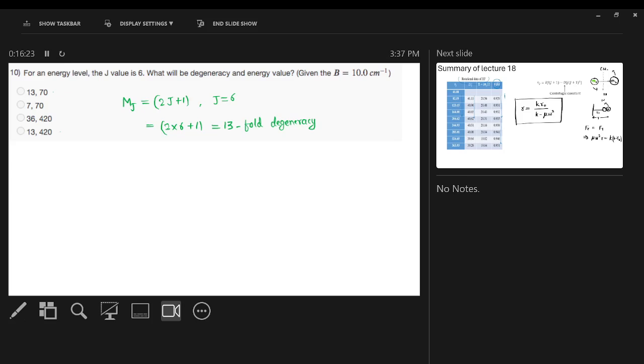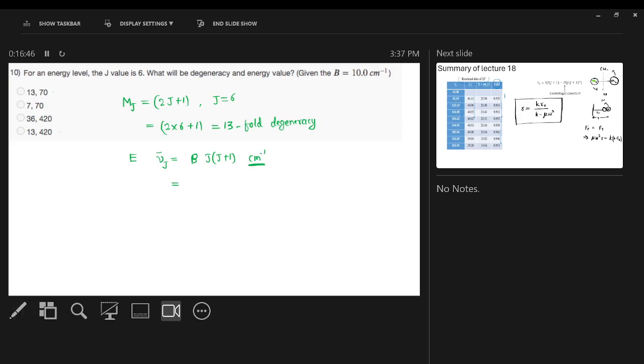13-fold degeneracy. And the second thing asked is the energy value. The energy, I am writing in terms of wave number, for any Jth rotational energy level is given by BJ(J+1) centimeter inverse. So this is in centimeter inverse unit.